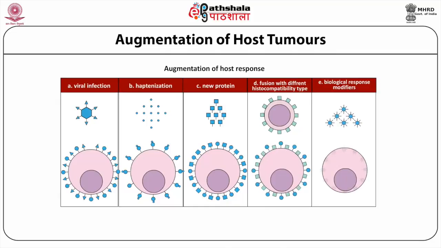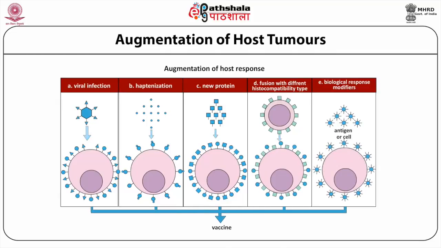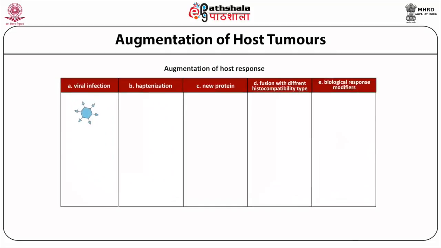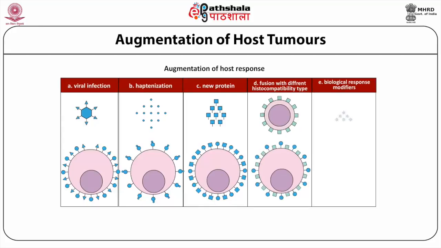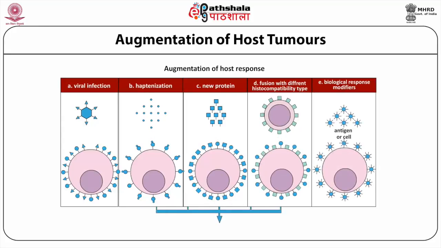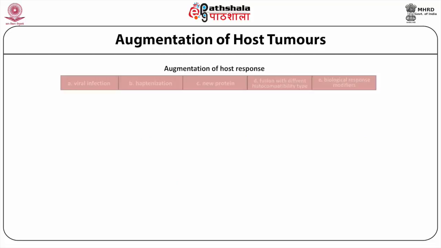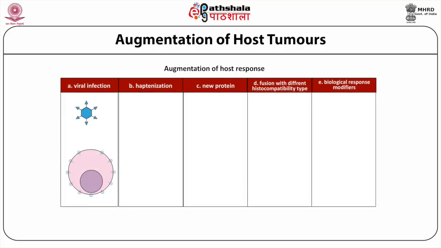Such approaches included attempts at increasing both non-specific immunity, infecting the tumor with an attenuated or killed virus, using hapten tumor-specific antigen conjugates, and using biological response modifiers to illustrate such approaches.